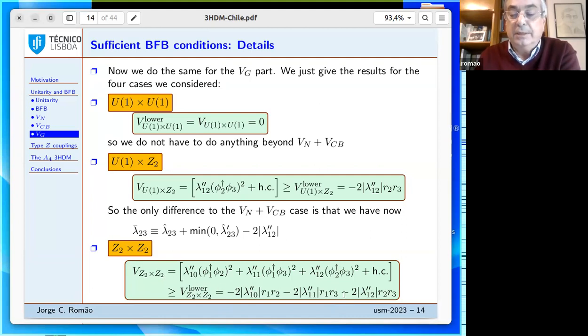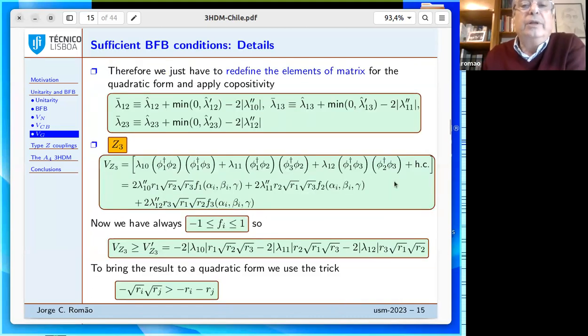Using this, essentially what you have to do is just redefine the elements of the matrix. Now it gets more terms, and then you just require copositivity, and you know that you have sufficient conditions. The more complicated case from all these four is Z3.